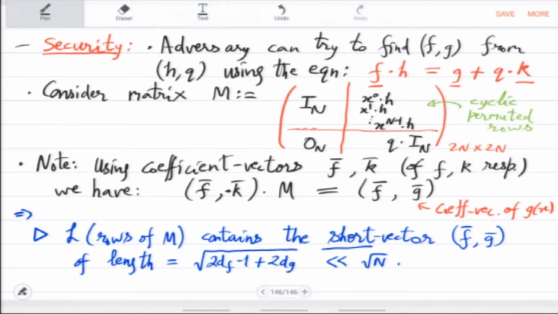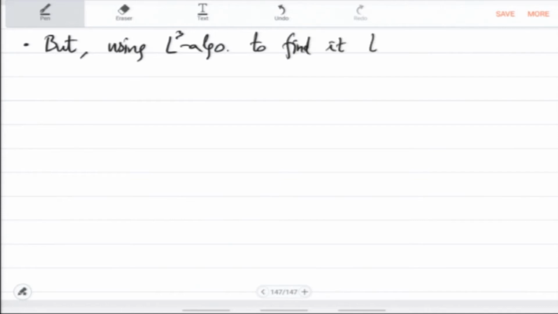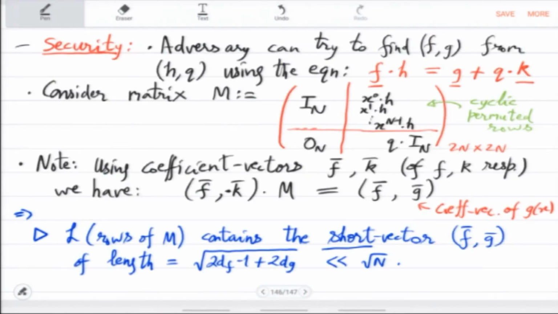But how much time will LLL take? Using the LLL algorithm to find it takes time greater than (2n) to the 6, right? Remember m to the 6 and log squared.